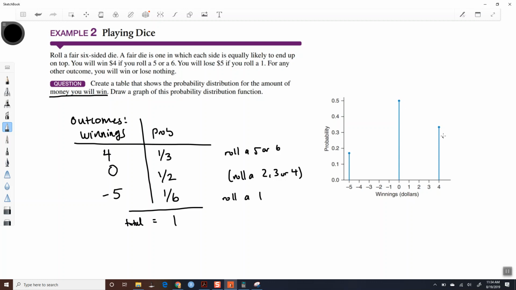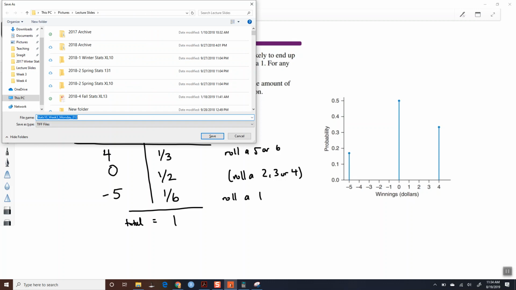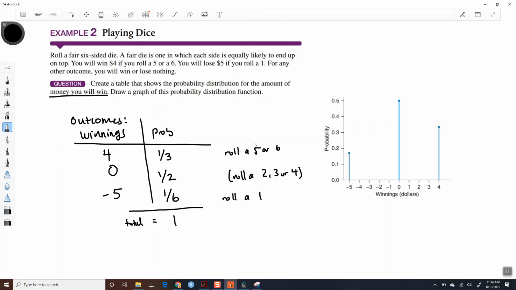At 4, we have a bar that goes up to 0.333. And at -5, we have a bar that goes to 0.167. Is that okay? All right.